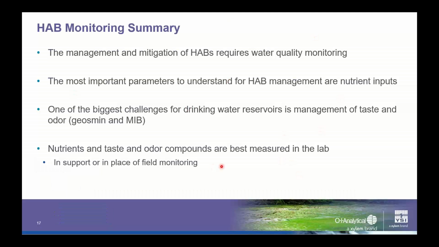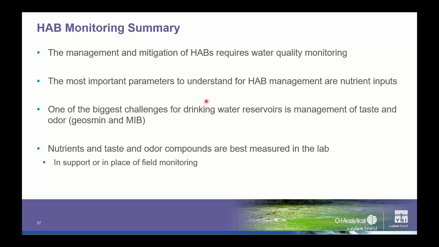So to summarize this first part of the talk, if you want to manage harmful algal blooms, you've got to be measuring the right stuff. And that means having a strategy both in the field and in the lab. And when it comes to understanding the drivers of harmful algal blooms, the most important thing to understand are those nutrient inputs.